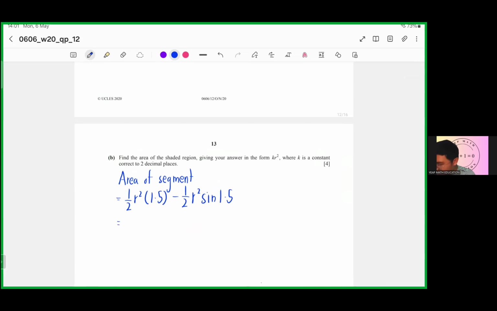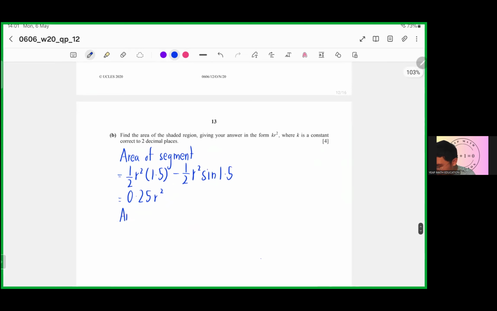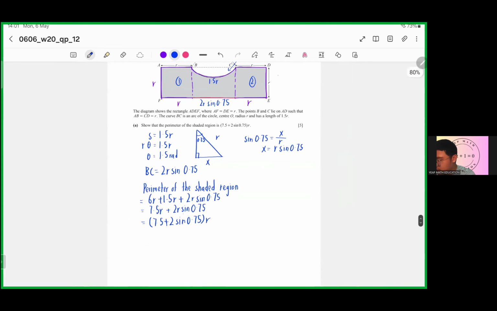So I will get 0.25R squared. Now we can find the area of the shaded region. This is also R squared, and here also R squared.